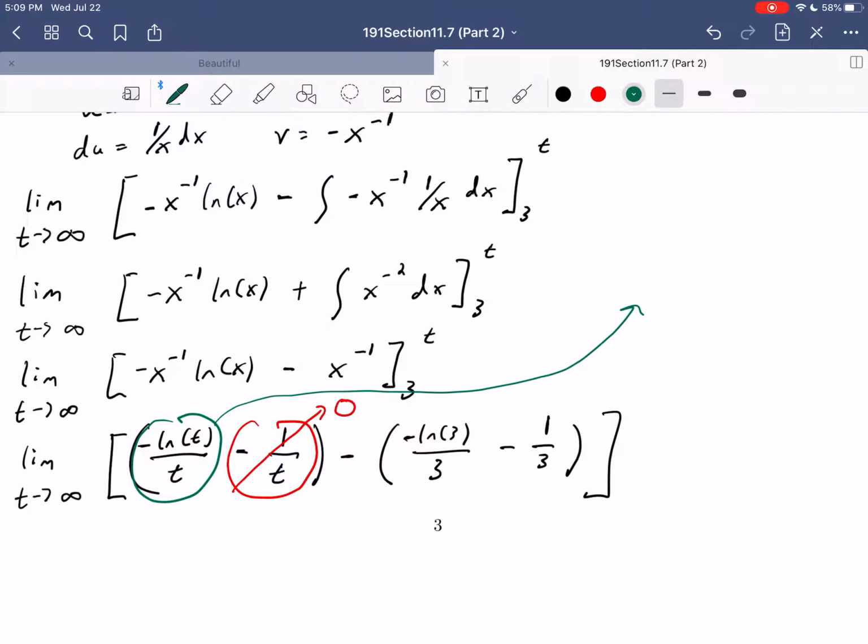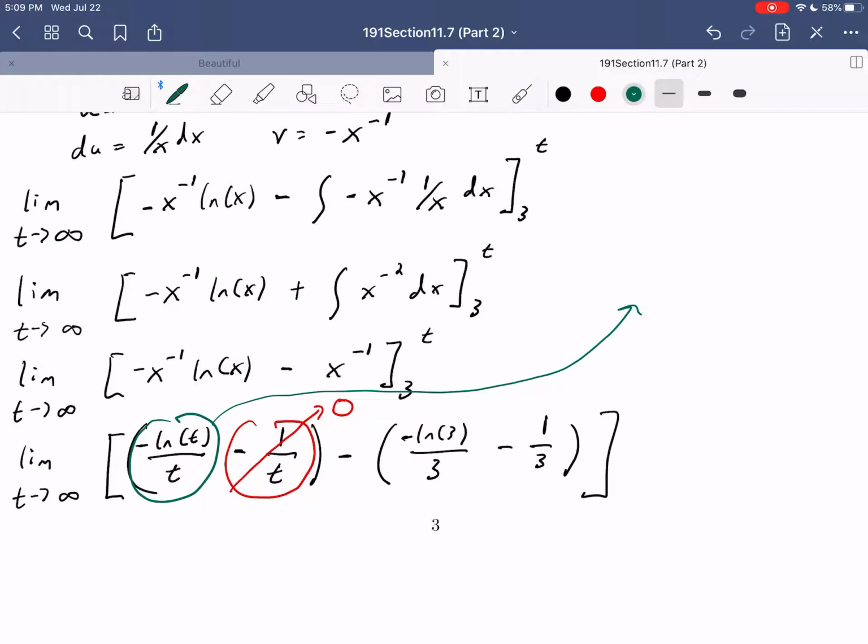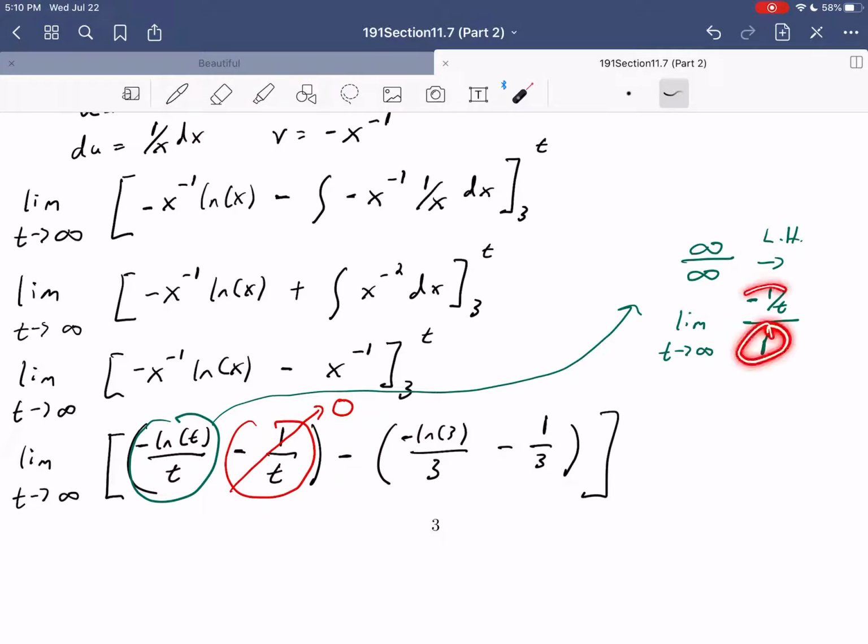Let's actually see that. It's in an infinity over infinity situation, so we can go ahead and apply L'Hopital. Notice there's no need to use a replacement theorem because t is working with this x variable, which is assumed to be continuous. So if we L'Hopital this, we have the limit as t goes to infinity of minus 1 over t, over 1, and of course, as predicted, this is a constant, this goes to 0, this thing does equal 0.